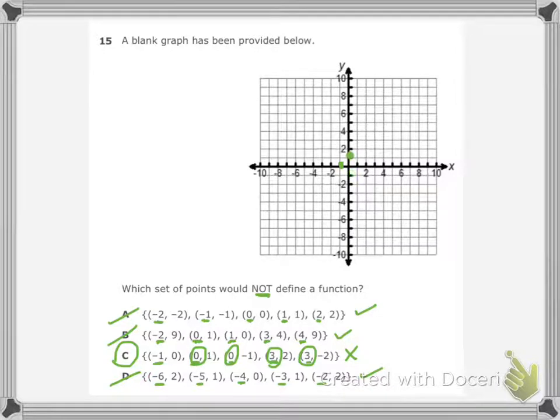And then 3, 2 is here. And 3, -2 is here. So if I was to try to use the vertical line test for this relation, it would fail right here because it crosses twice. And it would also fail right here because it crosses twice. So this definitely is not a function, so C is correct.